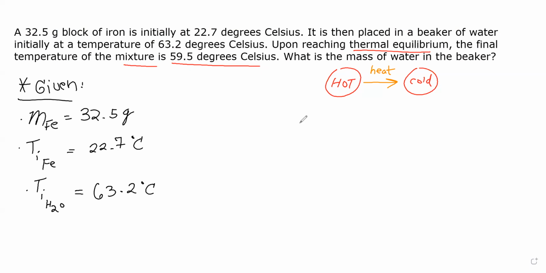So this spontaneously occurs. If this occurs, then both temperatures of our objects, our iron block and our water, should even out and become an equal temperature. When this occurs, it's called thermal equilibrium. Once everything balances out, the final temperature of the iron, the metal, should equal the final temperature of the liquid, the water.